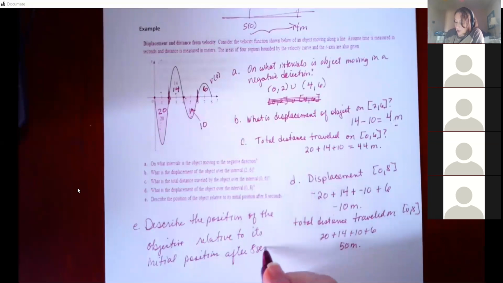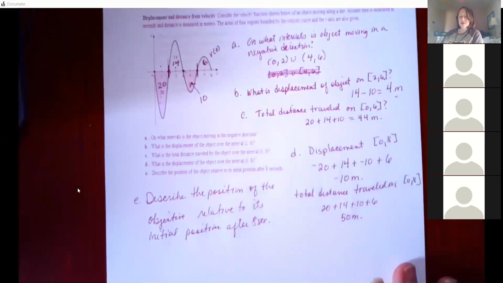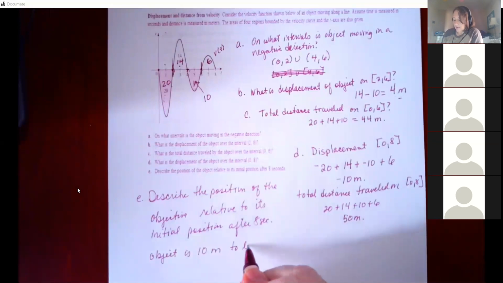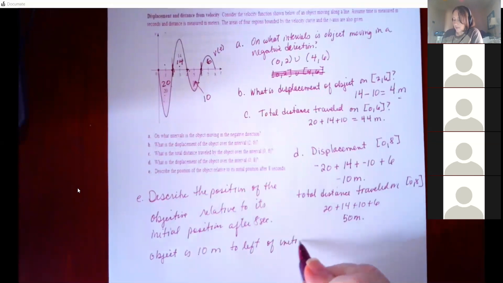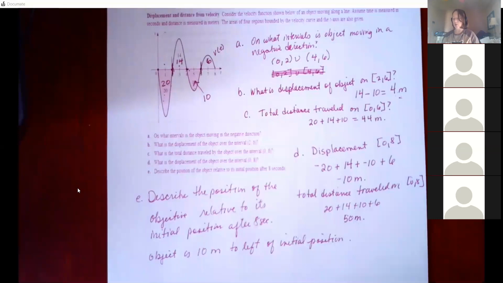Now we just did that part. Since our displacement is negative 10 meters, that means that the object is 10 meters to the left of initial position. Or if it's a vertical movement, it would be 10 meters below.